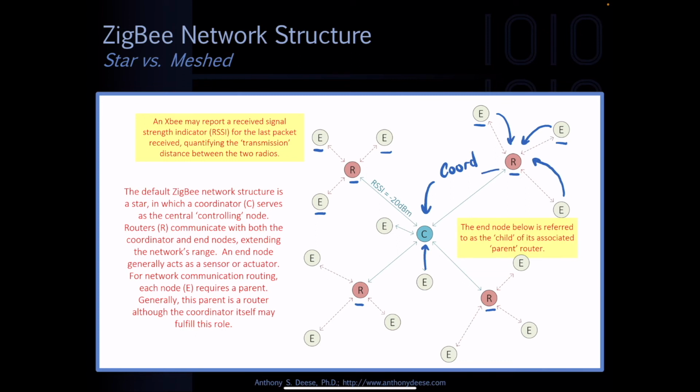The parent of this router is the coordinator, and this defines the paths along which information is going to be passed. This differs from the Series 1 AT mode, where we simply have radio A, and that is communicating information to radio B as defined by the DL and DH parameters.